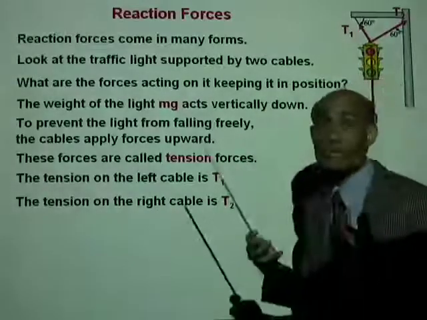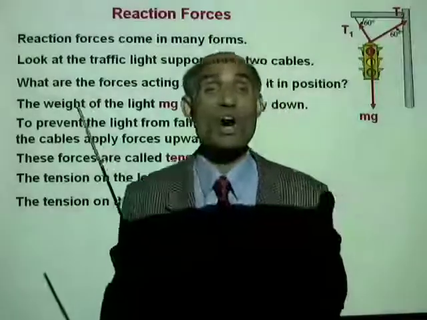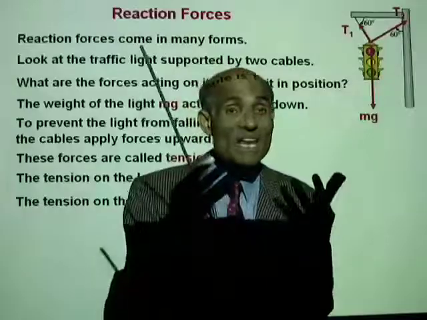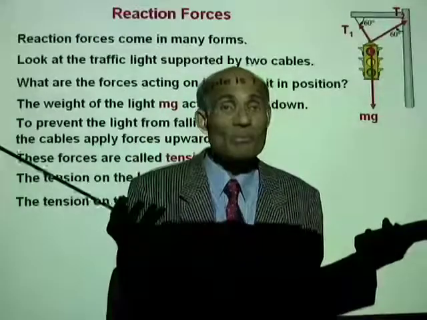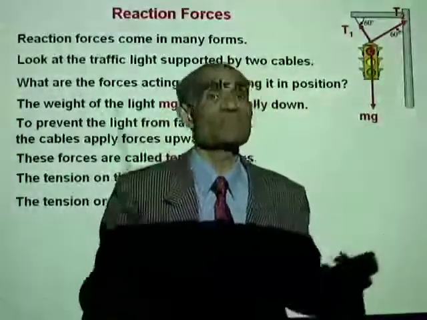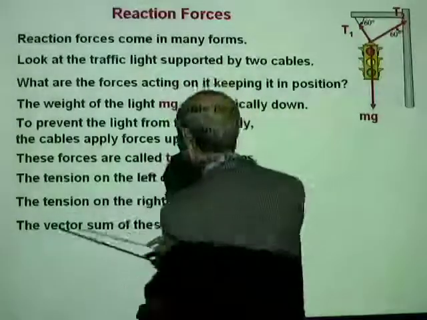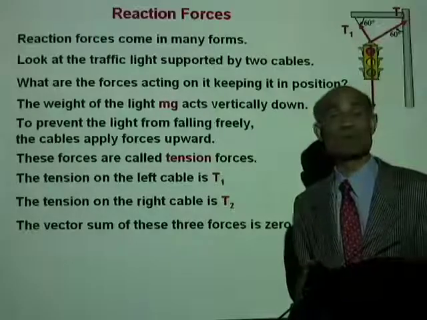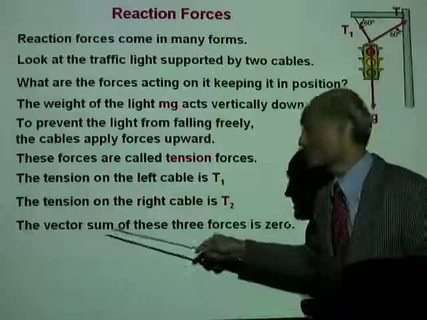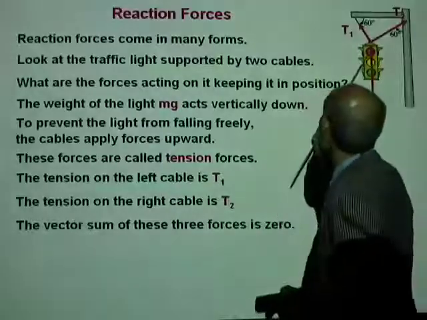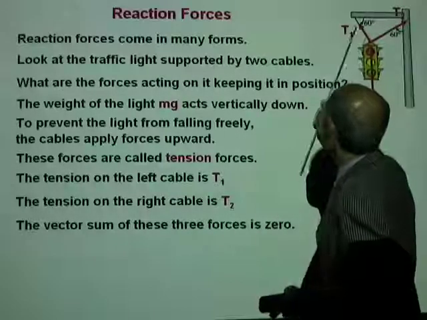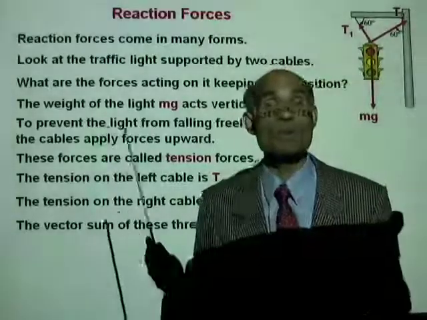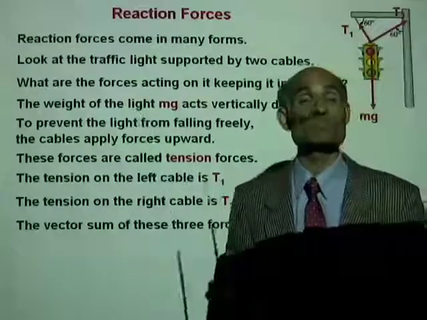Therefore, there are 3 forces acting on that light, keeping it in its position, in a state of equilibrium, in a state of balance. The vector sum of these 3 forces is 0. In other words, if you add the weight vector to the T1 vector to the T2 vector, the sum of those 3 force vectors will be 0.